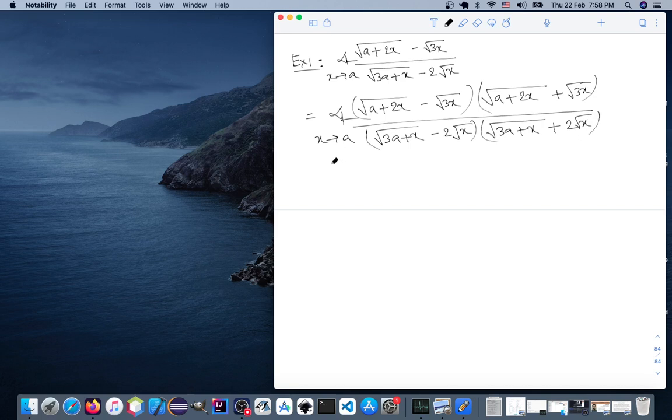Now after multiplying, in the numerator we get a plus 2x minus 3x, and in the denominator we get 3a plus x minus 4x.